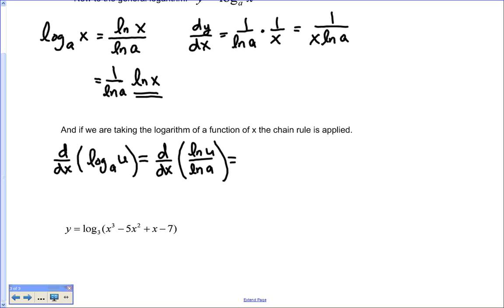And as we saw before, that's going to be 1 over the natural log of a. And then the derivative of natural log u is 1 over u. And then we're going to have to multiply by the derivative of u. So overall, we simplify this and pull pieces together. We've got u prime over u natural log a.